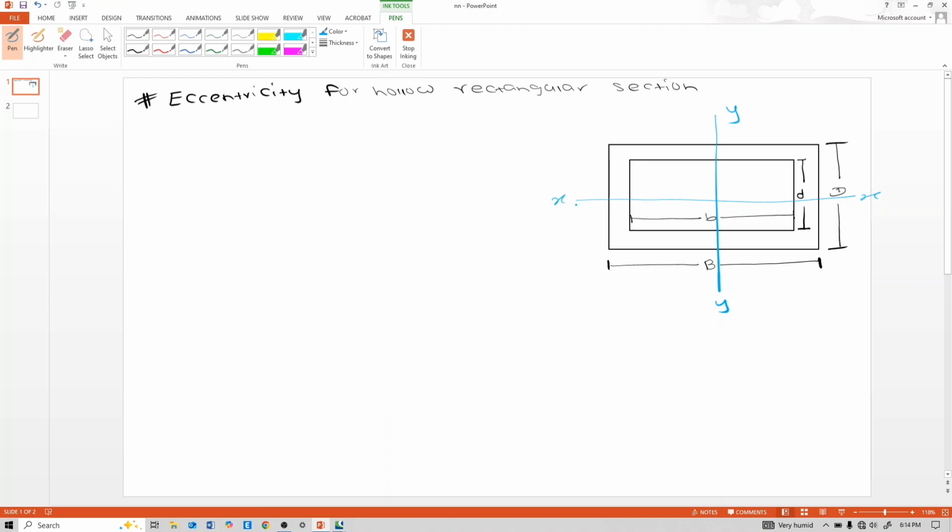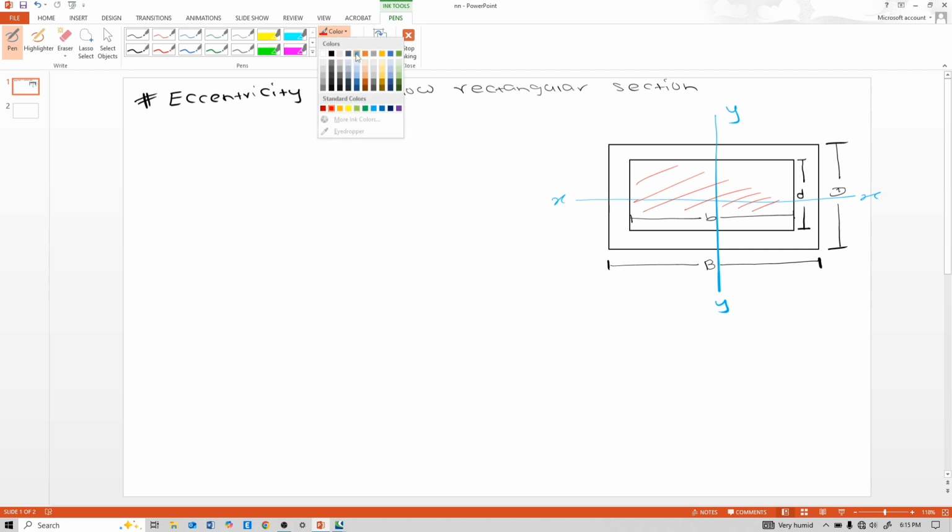So now we will find eccentricity for a hollow rectangular section. This hollow rectangular section has outer width capital B and outer depth capital D, and inner width small b and depth small d. That means this inner portion is hollow.